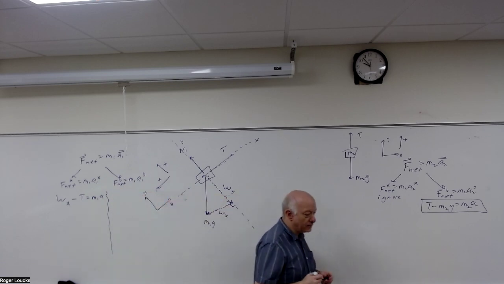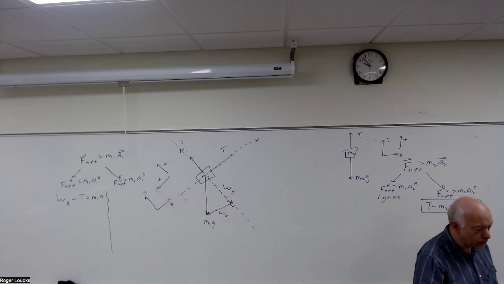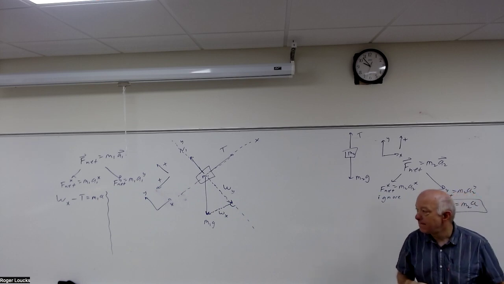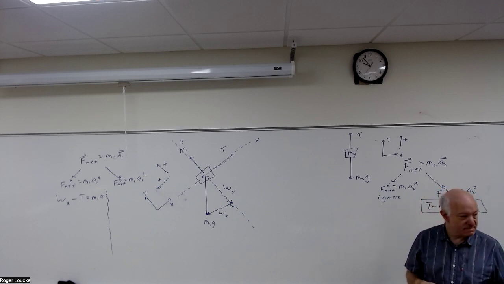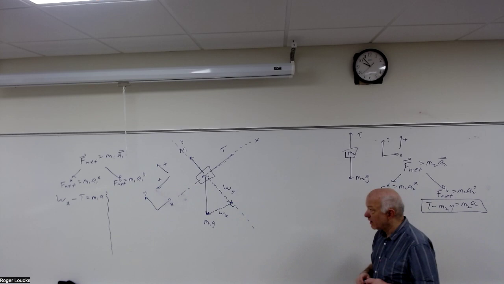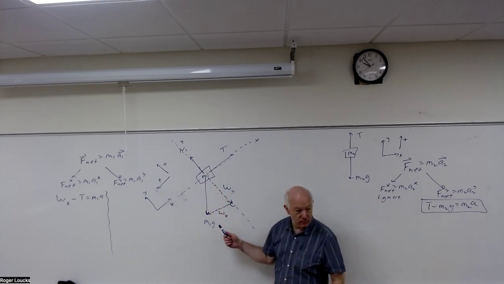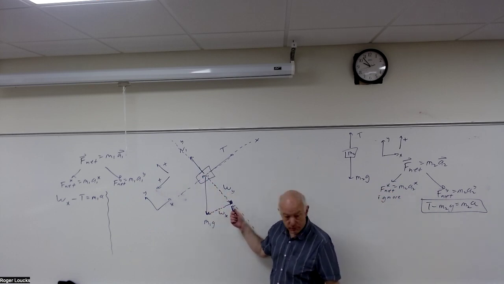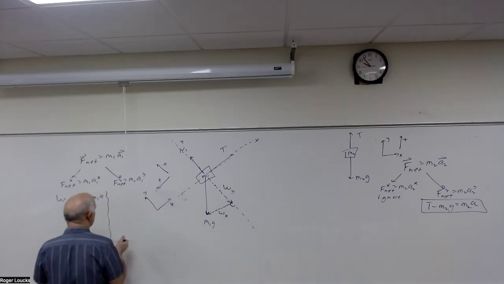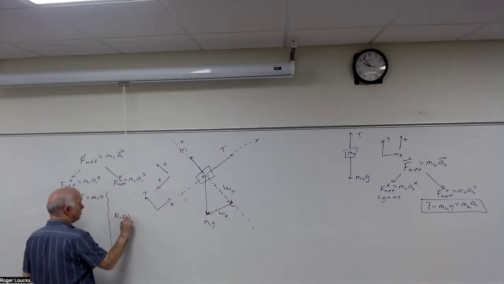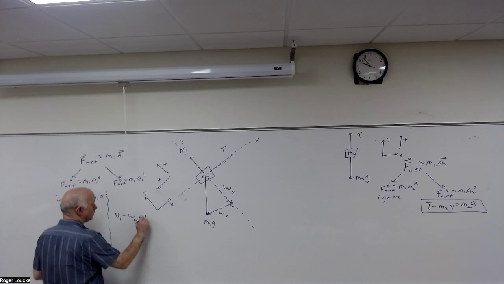Okay, so from that, what are your forces in the Y direction? N1 minus WY. So this has to be N1 minus WY equals M1 times the acceleration in the Y direction.